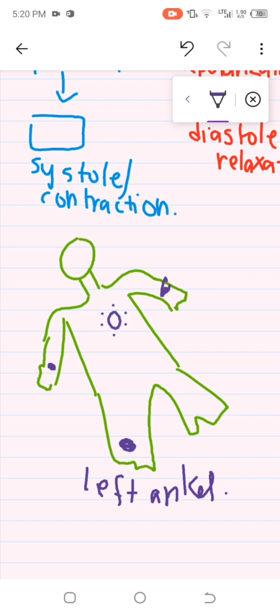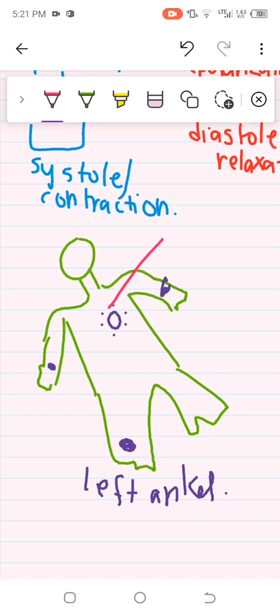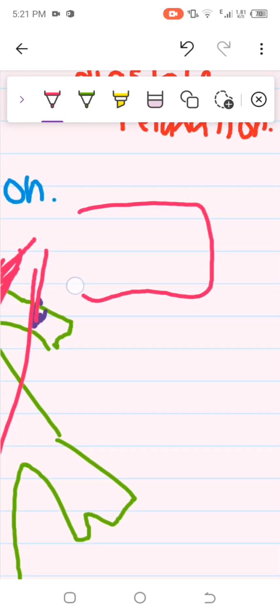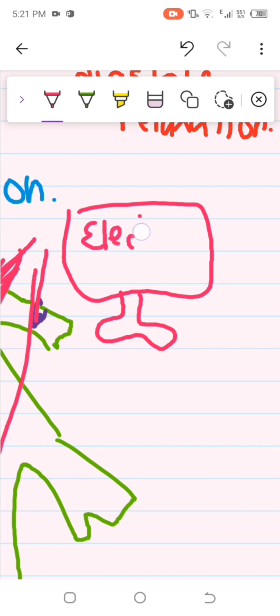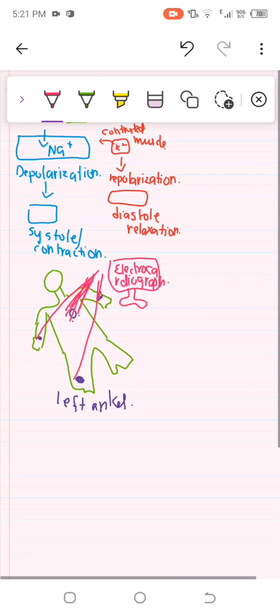We connect all of these with one machine, the electrocardiograph.